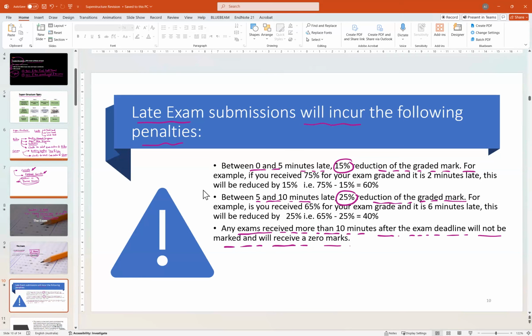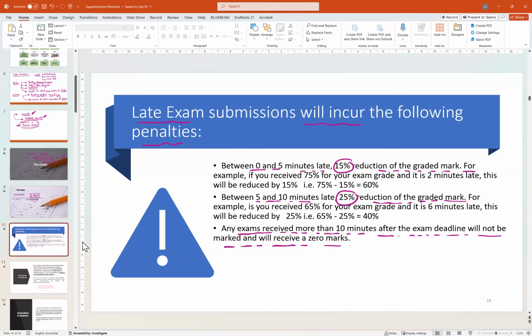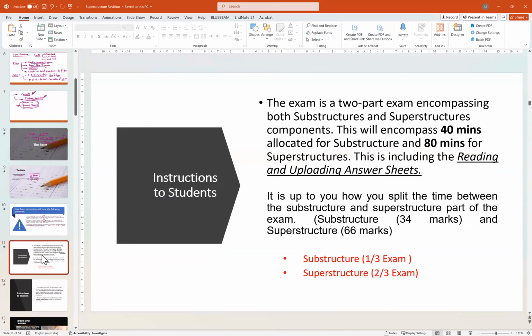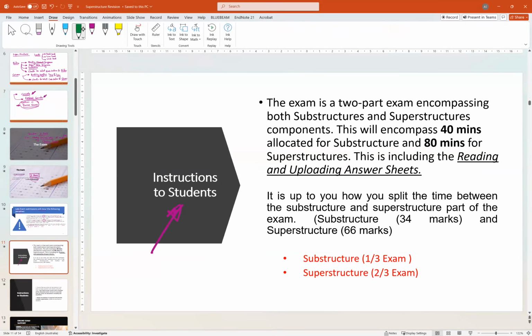Okay, so please try to complete the test and submit the solution within the time. Here are some instructions for the test. The exam is a two-part exam, and it will include the superstructure and substructure parts.